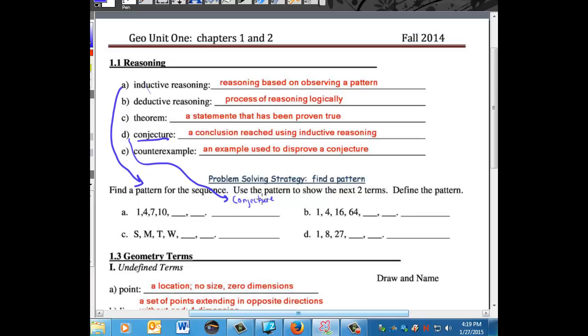And what conjecture means is it's the rule that we go by explaining or defining the pattern that we see. For example, we see 1, 4, 7, and 10. Well, it looks like we are increasing or adding by 3. So we're going to put 13 and 16. So my conjecture or rule would be add by 3.